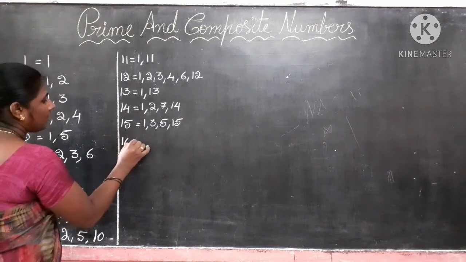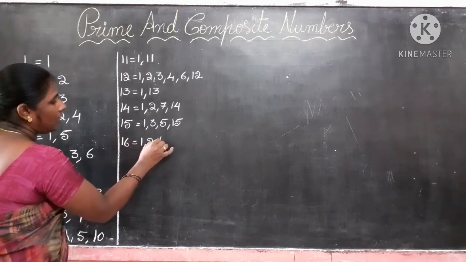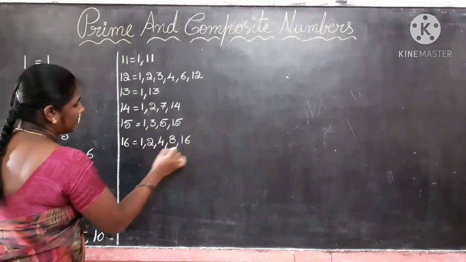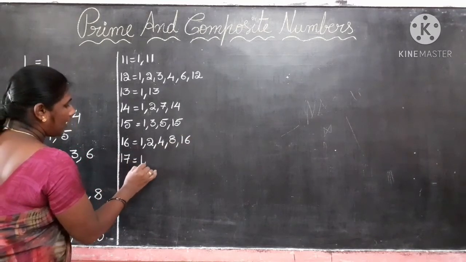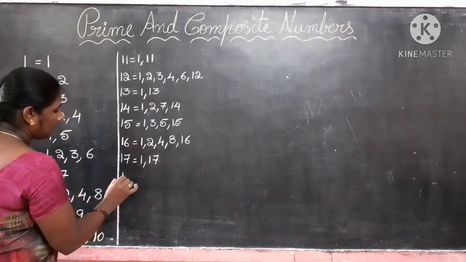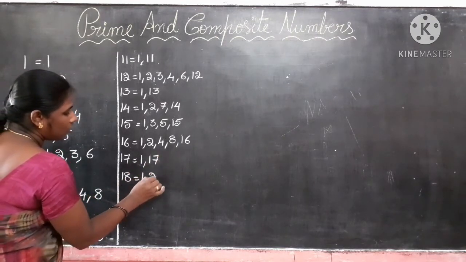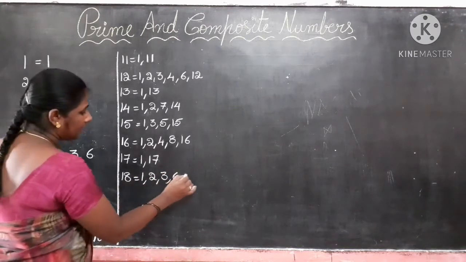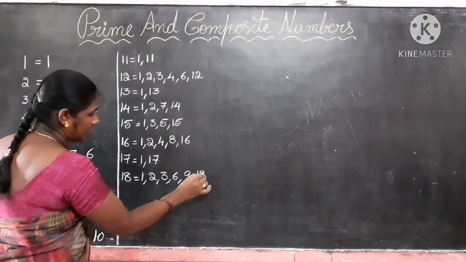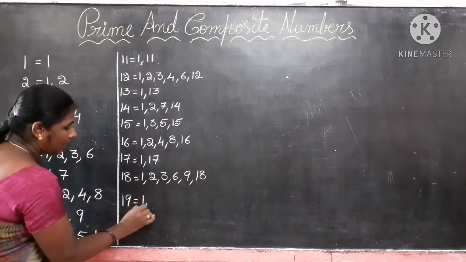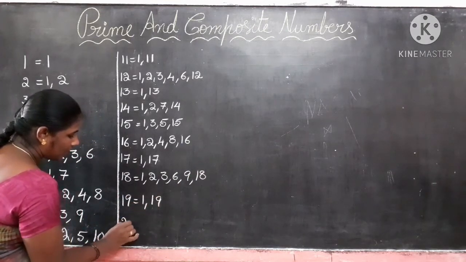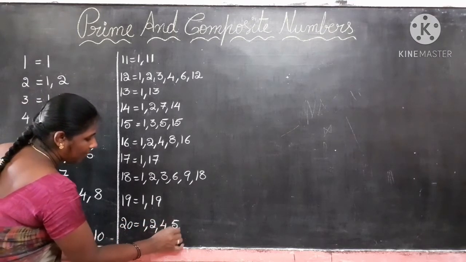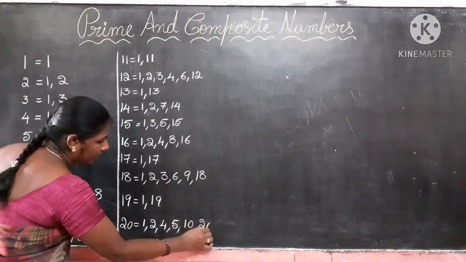Next 16, 1 table, 2 table, 4 table, 8 table and 16 table. 17, 1 table, 17 table. 18, 1 table, 2 table, 3 table, 6 table, 6 3s are 18. 9 table, 18 table. 19, 1 table, 19 table. 20, 1 table, 2 table, 4 table, 5 table, 10 table, 20 table.